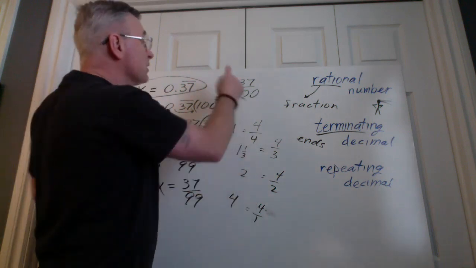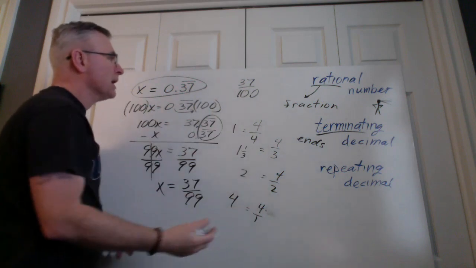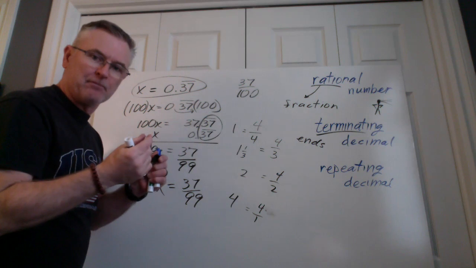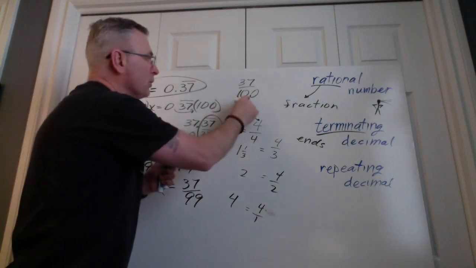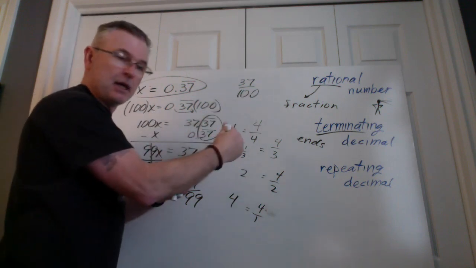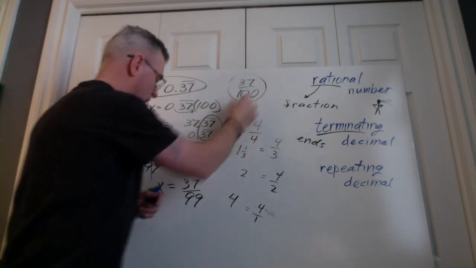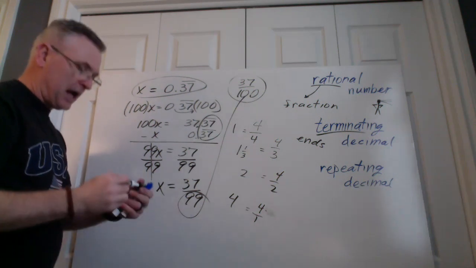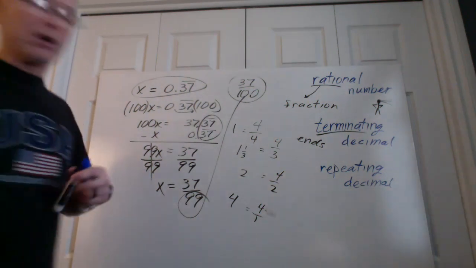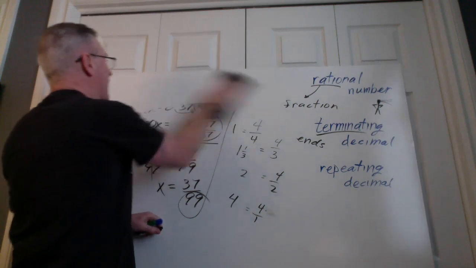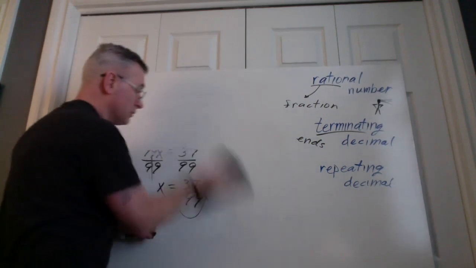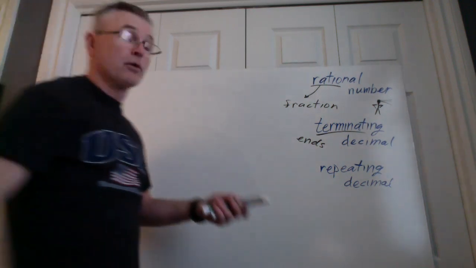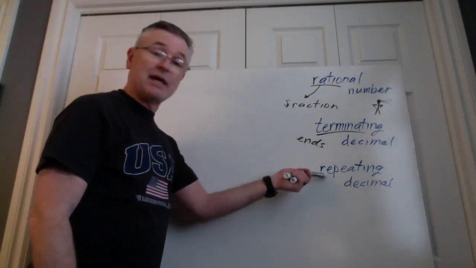So what would I do here to 37 over 100 if I wanted the 37 to be just a little more valuable? I would make the number on the bottom 1 less. And if we look at this, that right there, it's 1 less. So when I have numbers that repeat, and they are repeating decimals, and I want them to not be repeating decimals, I want them to be fractions, because I know they're rational numbers because they repeat.